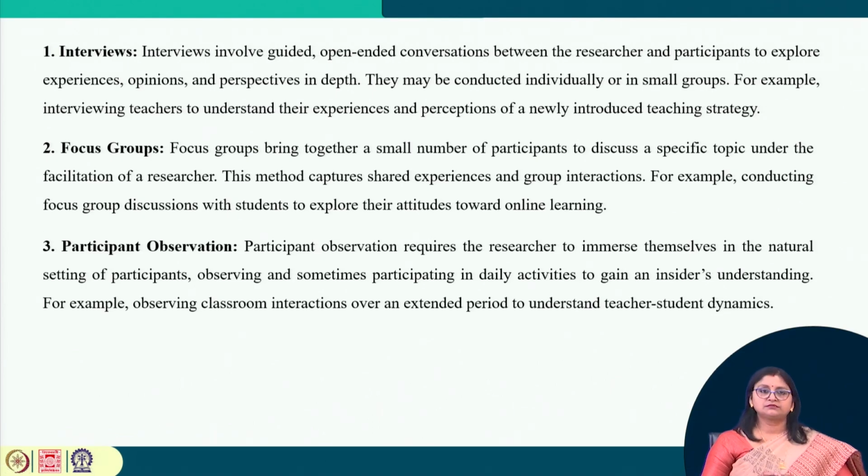The third method is participant observation. Participant observation requires the researcher to immerse themselves in the natural setting of the participants.